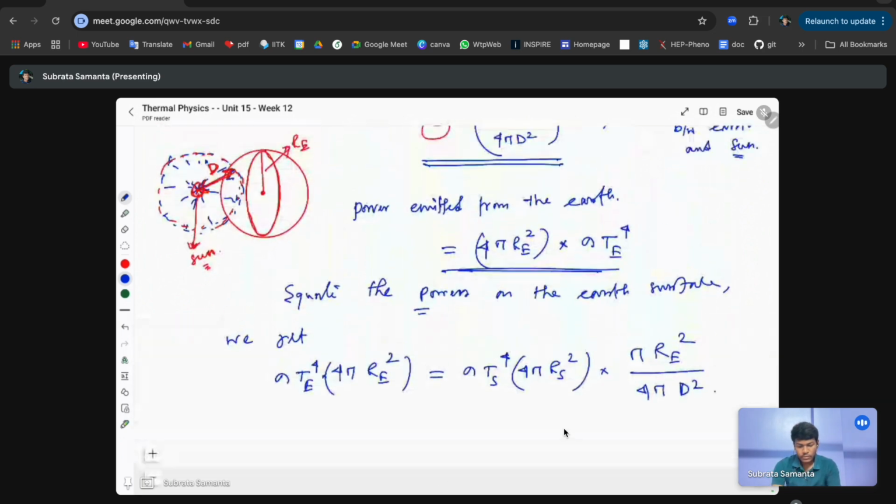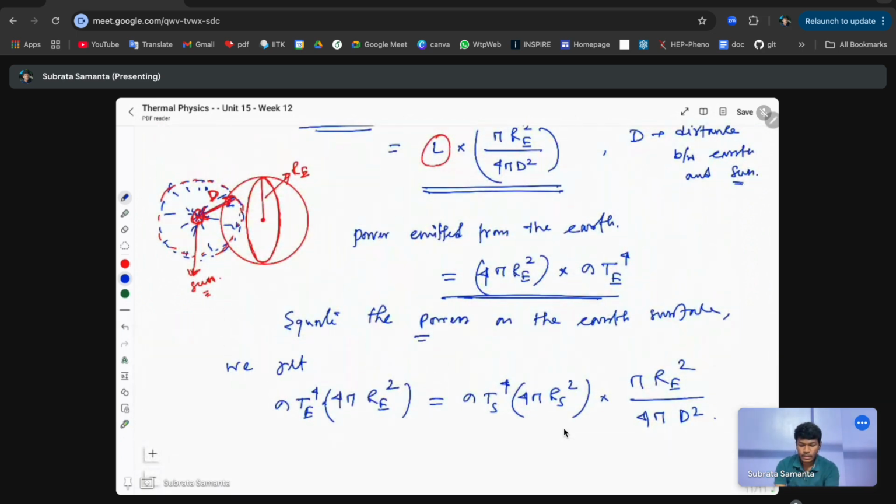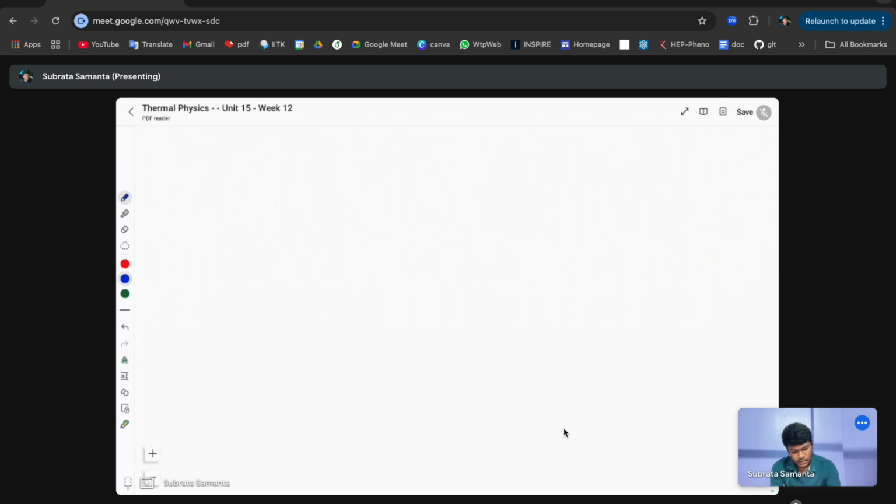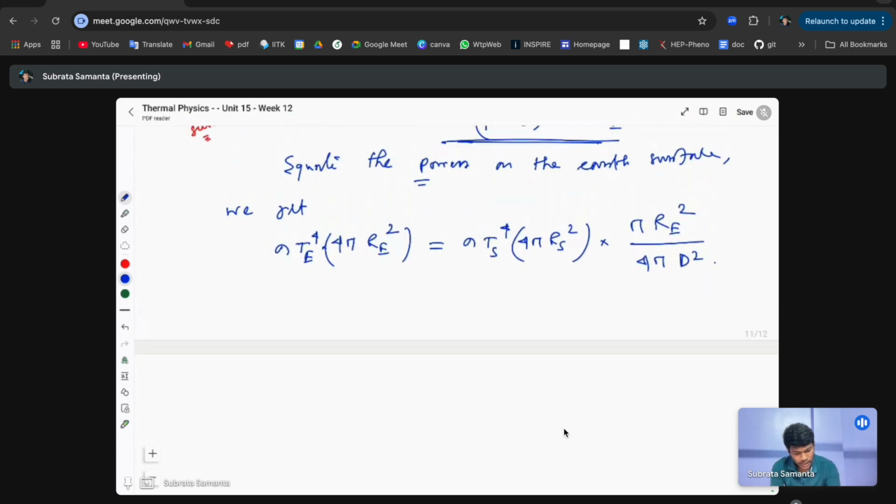So we are left with Te over Ts. Basically this re cancels, r square cancels, sigma cancels, 4 pi cancels.